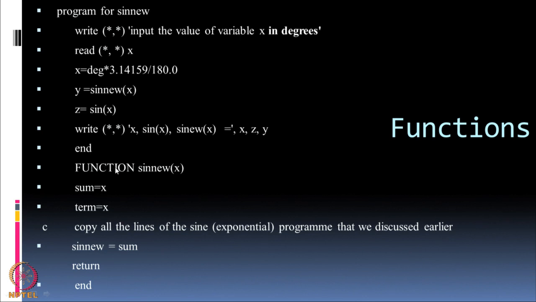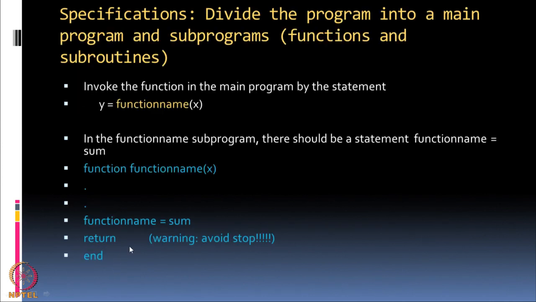Right now, we have considered one function. Suppose you had two more functions, so after z, let us say a is equal to some other function, b is equal to some other function. The other functions will come after the first function. You can have any number of functions in a program. Just as you have functions, you also have subroutines. We will consider that shortly.